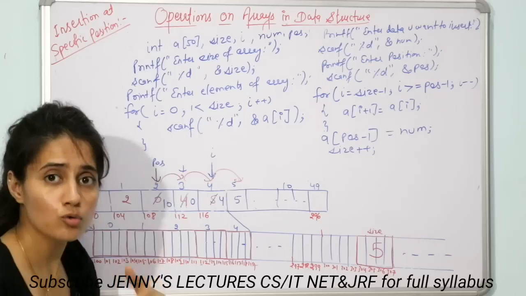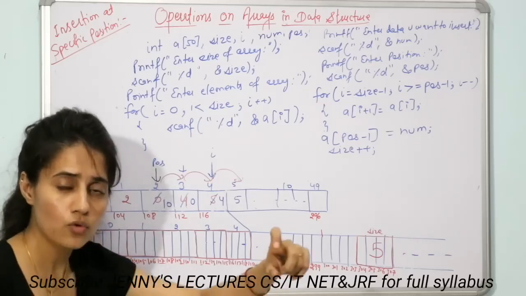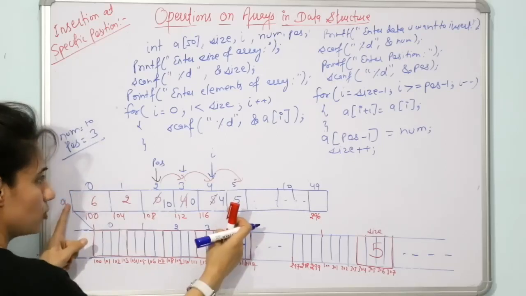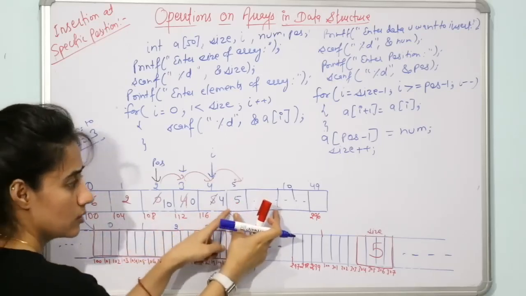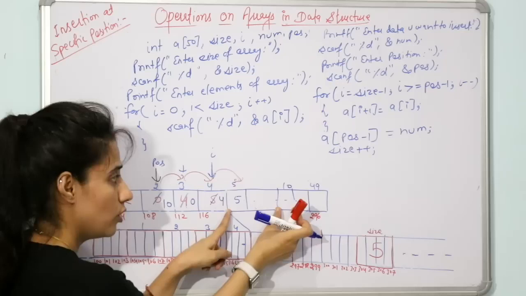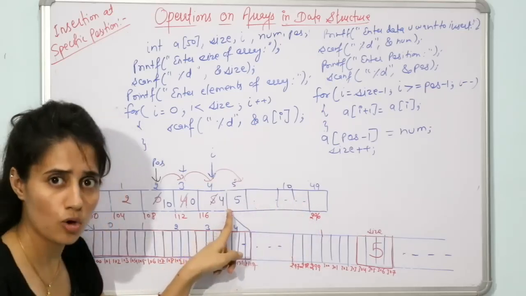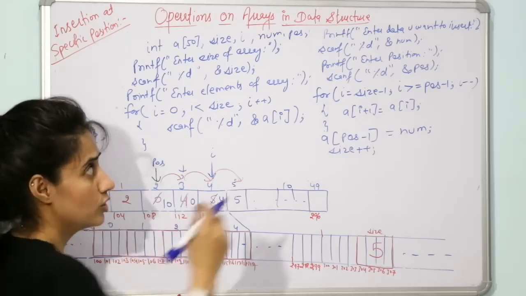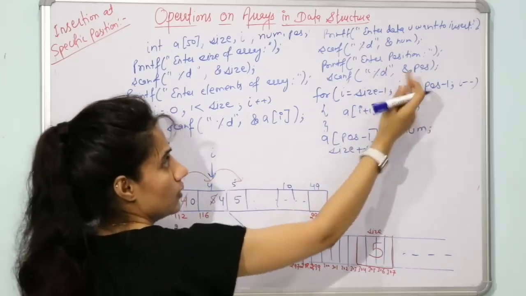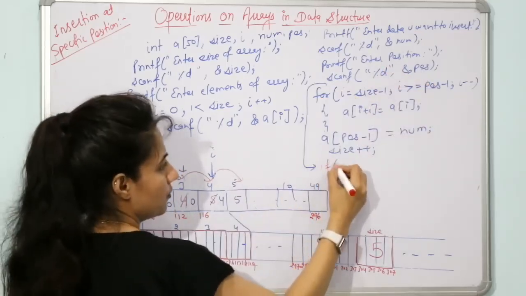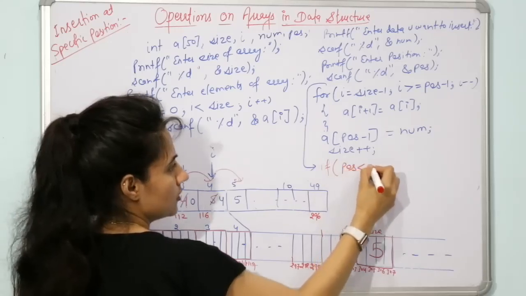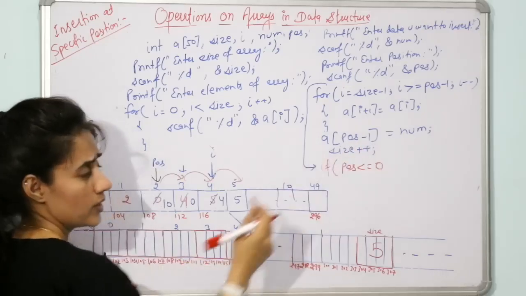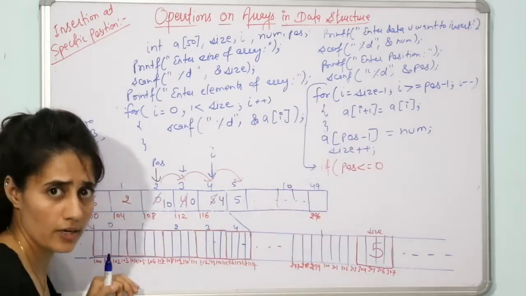Because in arrays you are going to store the data in consecutive locations, or you can say continuous locations. So it's not like you have data from 0 to 4 and you skip these positions and now you are going to insert here. That is not possible in an array. So here you can also write one if condition on position. If position is less than or equal to 0, because if we take position is equal to 0, then 0 minus 1, that is minus 1, that is invalid.